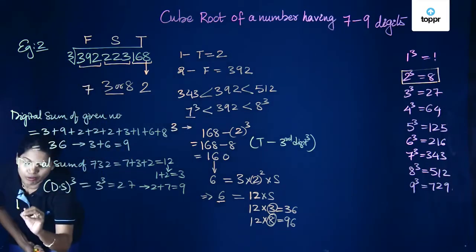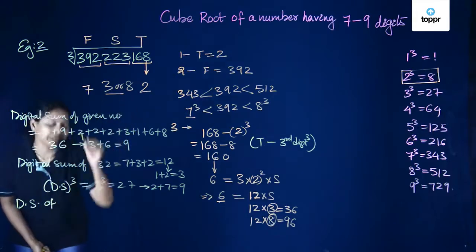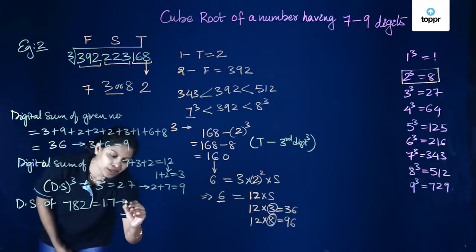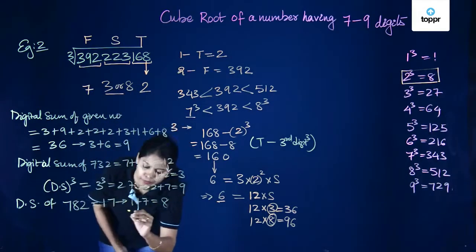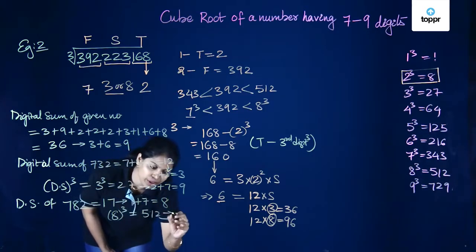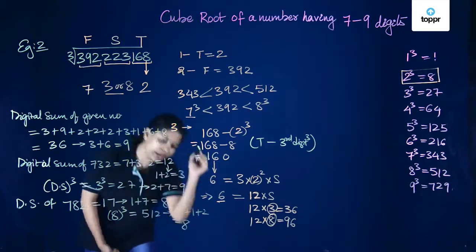In the same way we'll find the digital sum, DS stands for digital sum, of the second number, 782. Here it is 17, that is 1 plus 7, 8. Cubing it, 8 cube is 512, where the digital sum is 5 plus 1 plus 2, equal to 8.